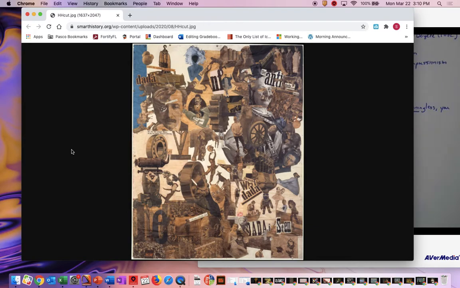I'm not going to write this down because it's a really, really long title, but it's by a guy named Helmut Hoch. And it's called Cut with the Kitchen Knife Through the Last Epoch of Weimar Beer Belly Culture in Germany. It doesn't have a meaning. Whatever you see in this is the meaning of the art.